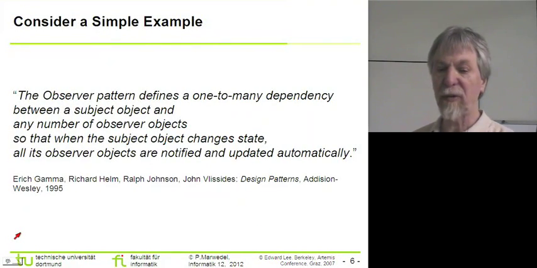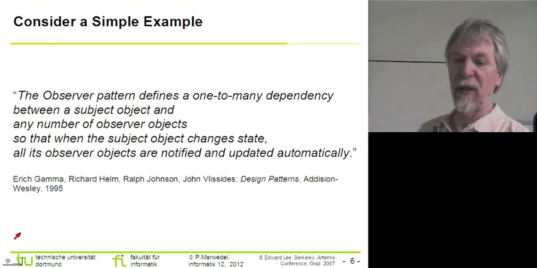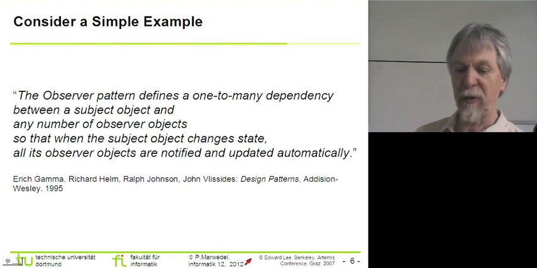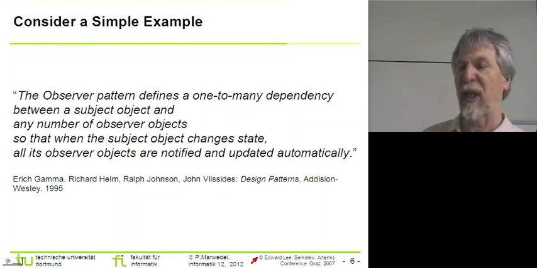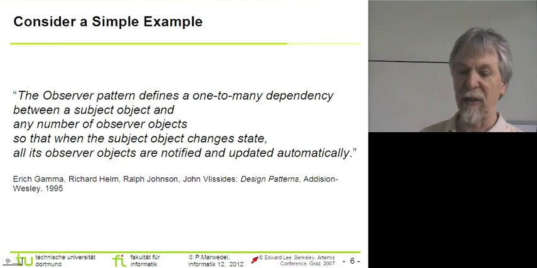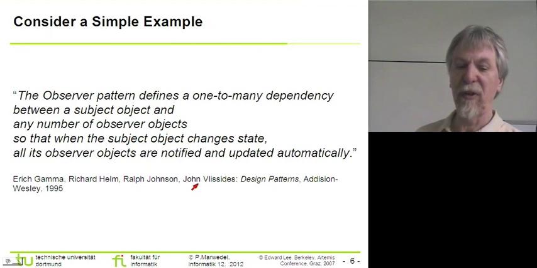In order to demonstrate the type of problems that we might run into, I'm considering a simple example. This example is actually taken from a presentation by Edward Lee of UC Berkeley. Edward Lee made that presentation about 5 years ago at an Artemis conference at Graz. And his presentation, in turn, is using so-called design patterns that are described in a book on design patterns.